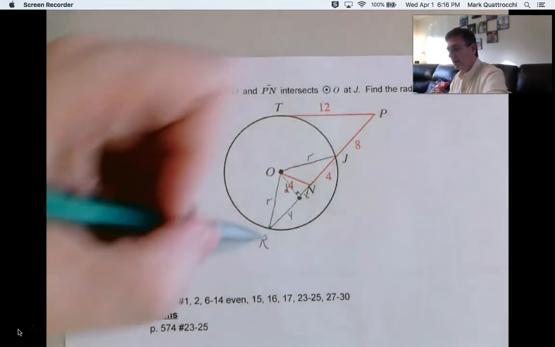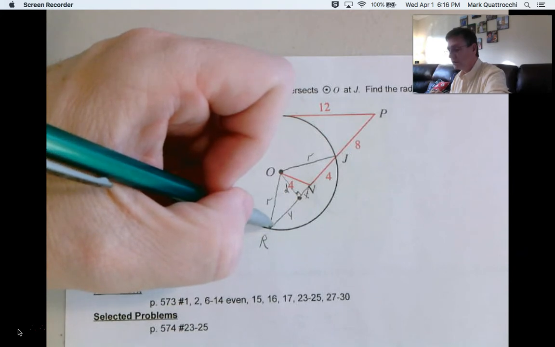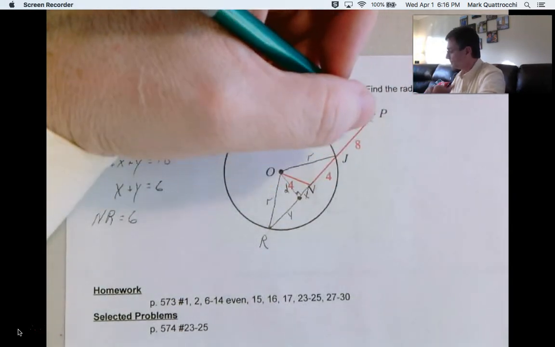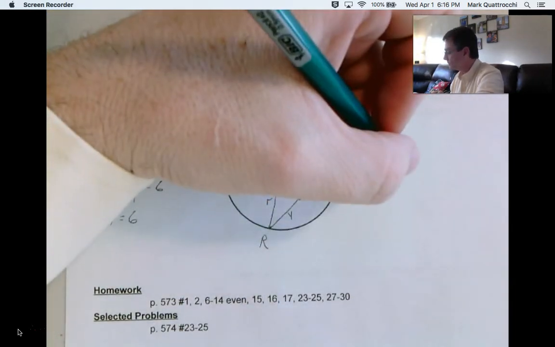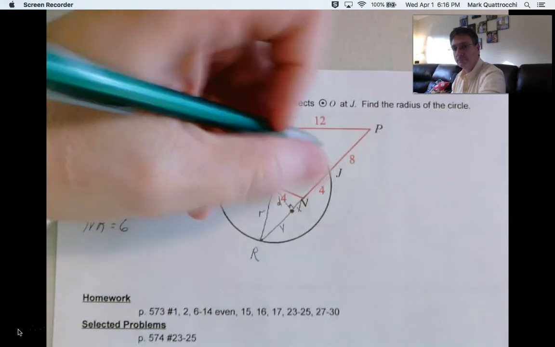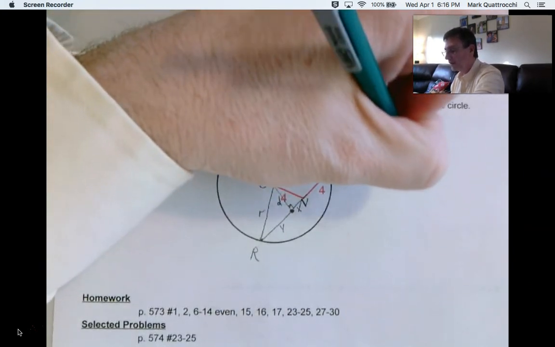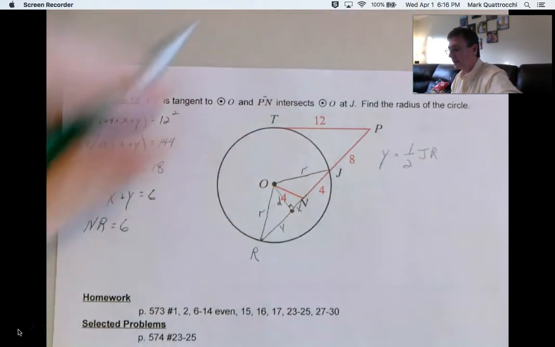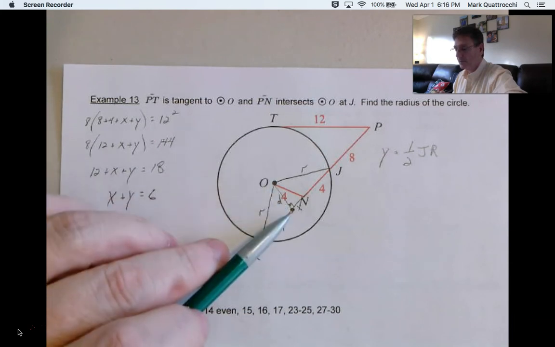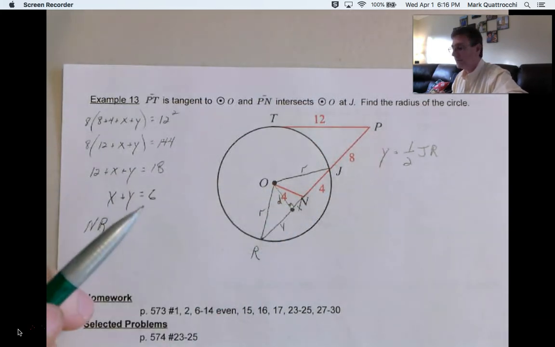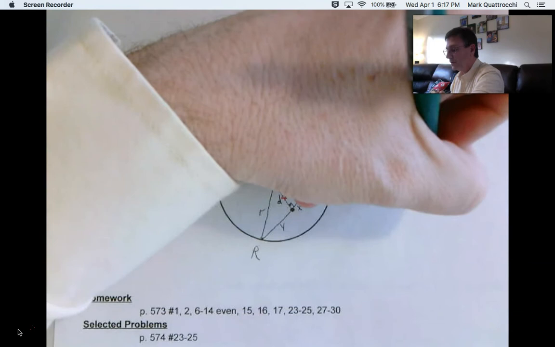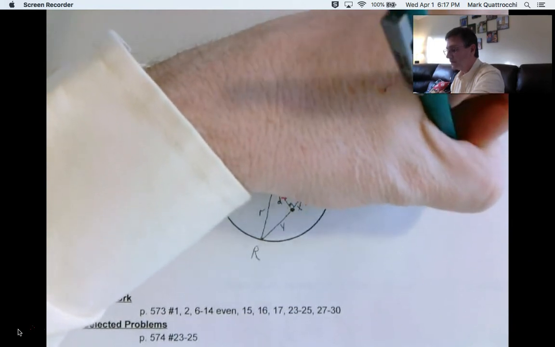Probably should have given it a name. But Y is equal to half of JR, because I made that perpendicular from the center, and perpendiculars from centers bisect chords.